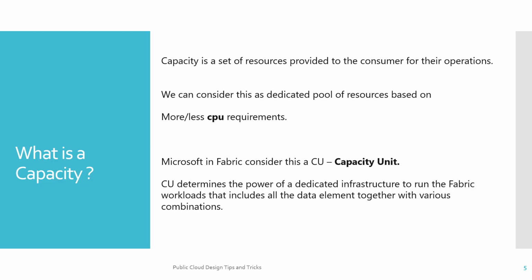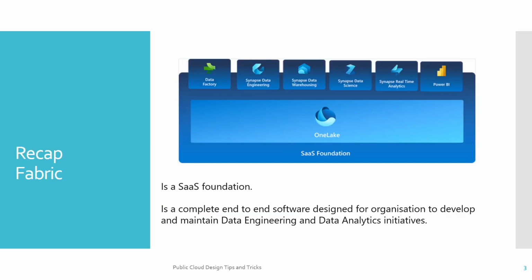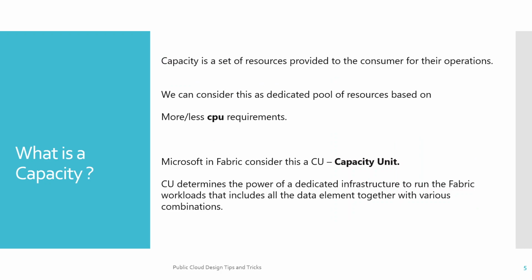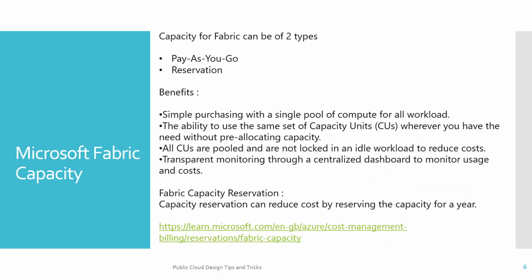The data elements here are like Synapse Analytics, data engineering, Power BI, then your ML services, the data elements we have discussed in the previous slides, like Data Factory, data engineering, data warehousing, data science. All these are the data elements under the hood.